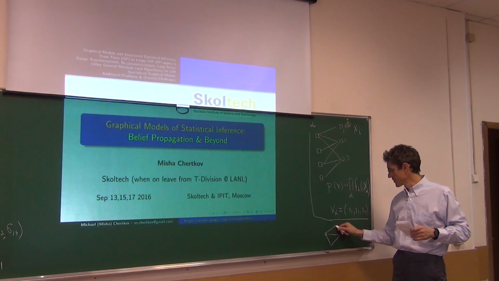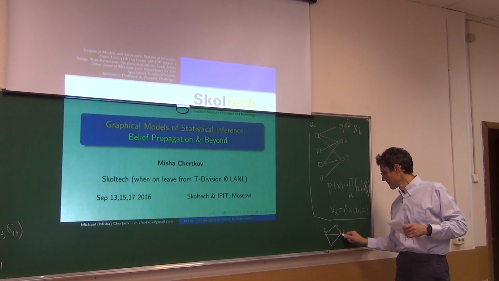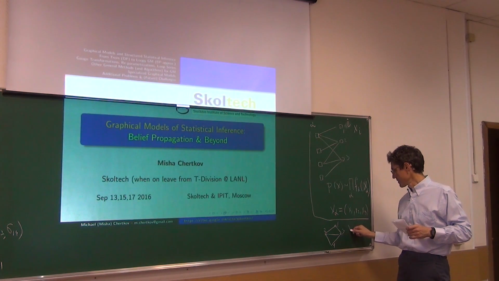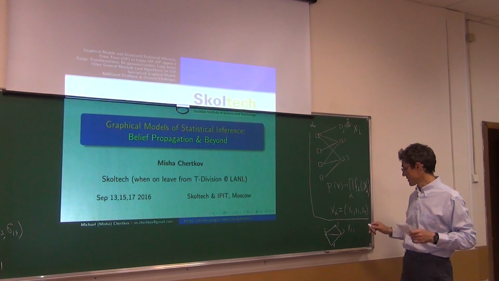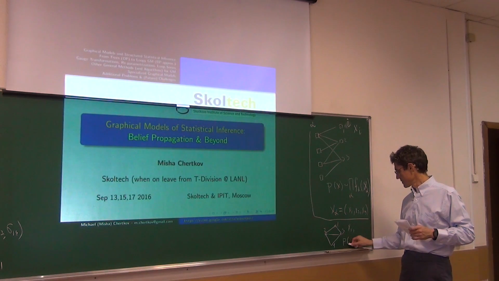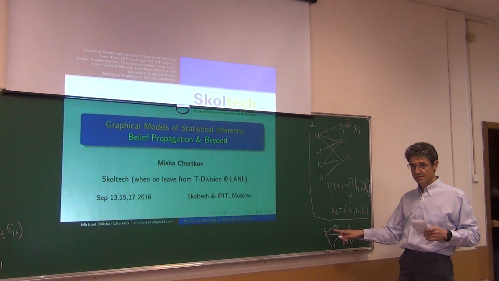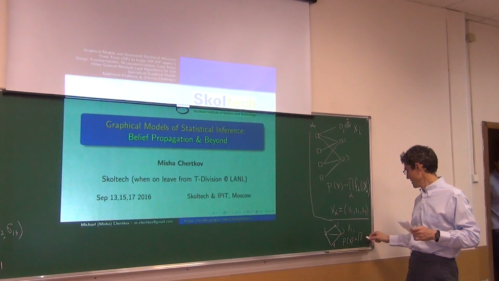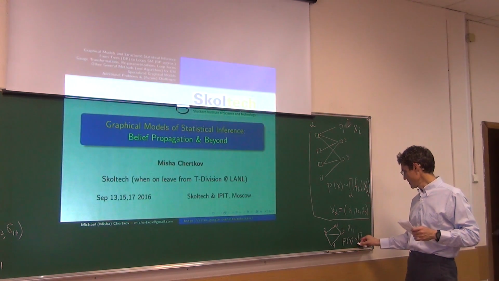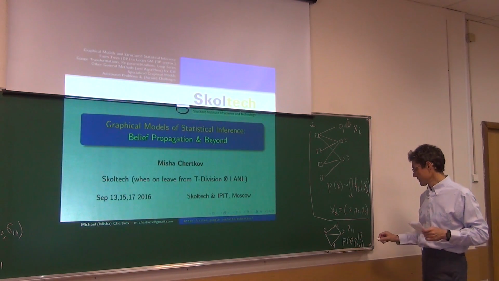Variables are on vertices, 1, 2, 3, 4, so x1 and so on. Those are my original variables, very much like in this case. The probability of a state in this case is a product over edges, so factors are associated with edges, ij.